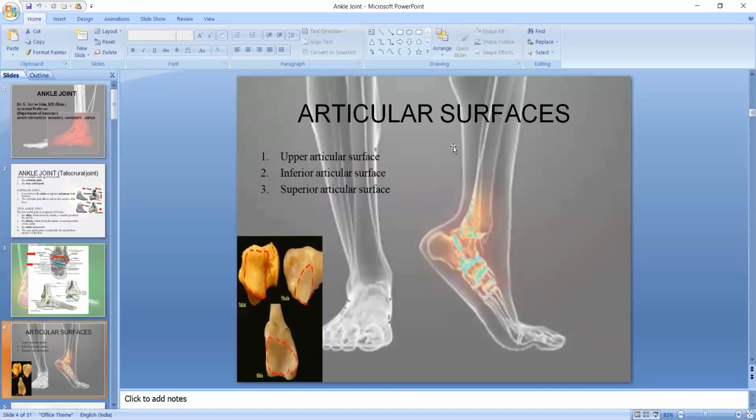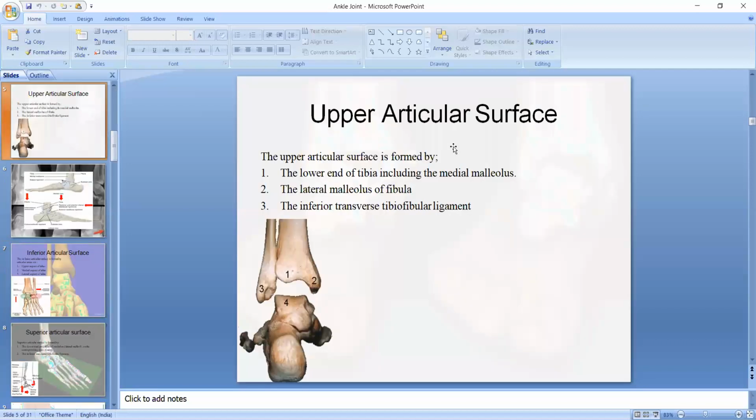Articular surfaces: there are three types, the upper articular surface, the inferior articular surface, and the superior articular surface. The upper articular surface is formed by the lower end of the tibia, including the medial malleolus, and the lateral malleolus of the fibula, and the inferior transverse tibiofibular ligament also.